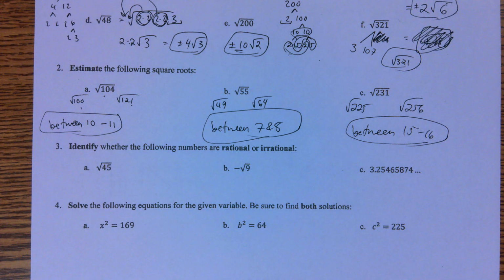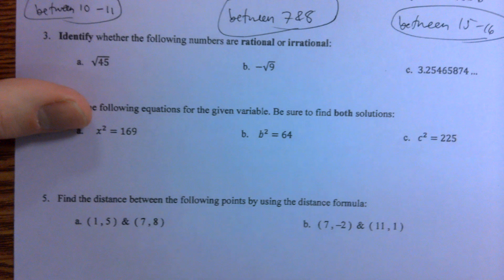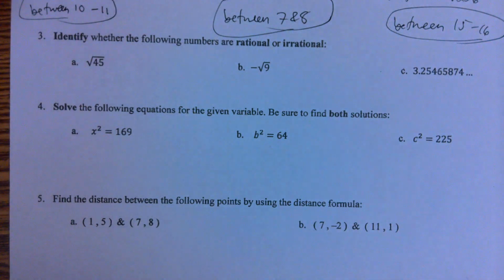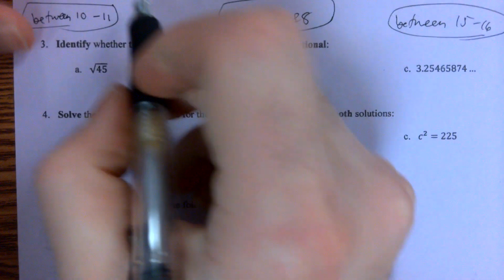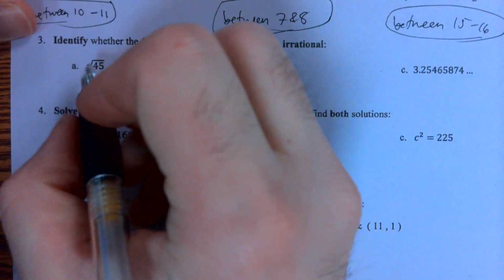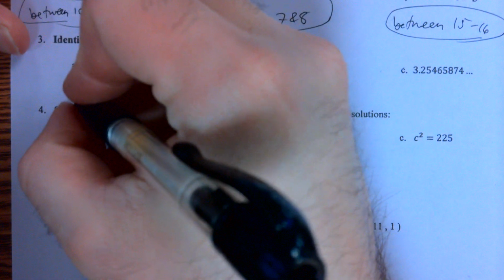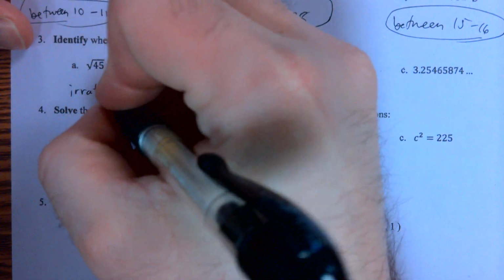Number 3, nice and easy, no math involved really. I just have to identify whether or not the numbers are rational. Remember, a rational number is any number that can be written as a fraction of 2 integers, and an integer is any number that we see on our number line. So the square root of 45 is not a perfect square. Immediately when I have the square root of a non-perfect square number, I know that this is irrational.